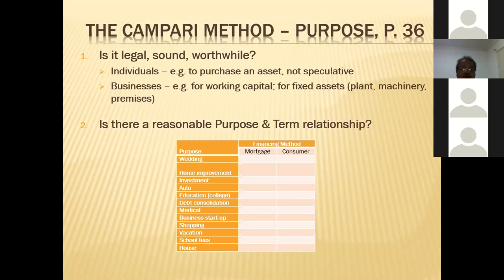So they may want to expand the size of the existing building, or they may want to set up a second shop elsewhere on the island or in another family island. Okay, so is it legal, sound, worthwhile? Secondly, is there a reasonable purpose and term?